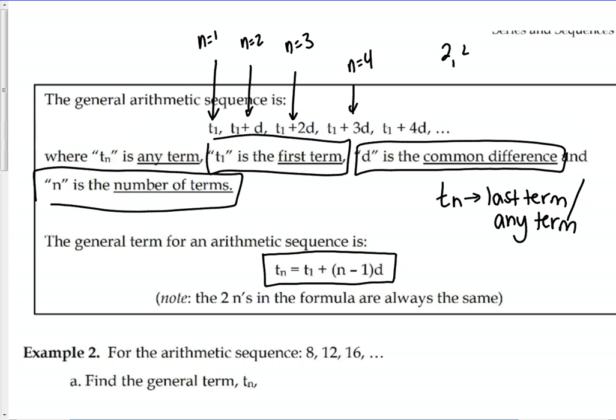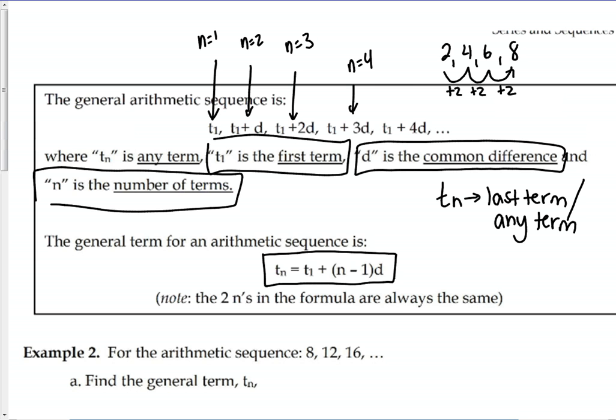So 2, 4, 6, 8. It's like I added 2 three times to get to the fourth term. So 2 plus 2 times 3, which is 6, is 8. Okay? So we're adding the common difference 3 times to get to the fourth term. That's where this formula comes from.